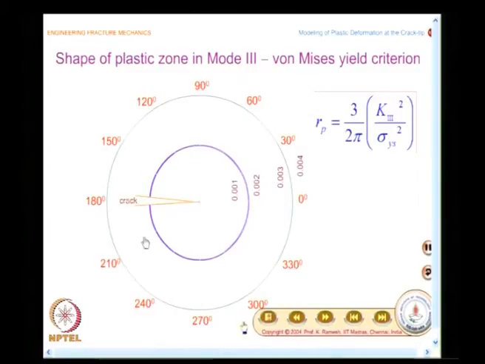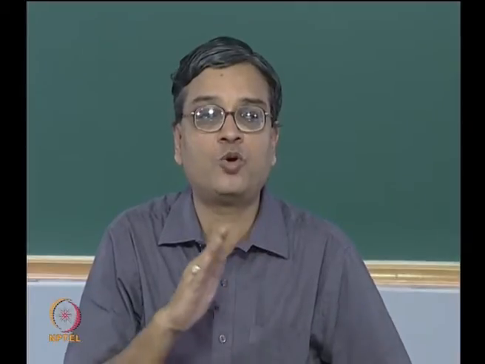Have we seen the fringes for this case? Photoelasticity is not applicable for mode 3 loading situation, because it is out of plane loading. It is only for in plane loading that you would be in a position to do it. So, photoelasticity is applicable only for mode 1, mode 2 and combination of mode 1 and mode 2.